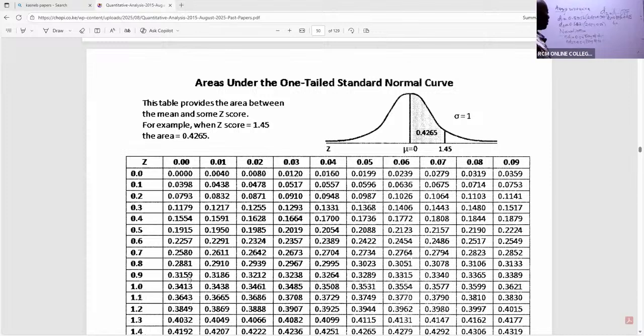So this will be 0.5 plus 0.3159. D1 is the same as the Z score, 0.90, 0.3159. And then you can see ND2 is 0.5 plus entry of D2, and the D2 is 0.54. Are you able to see 0.54 here?